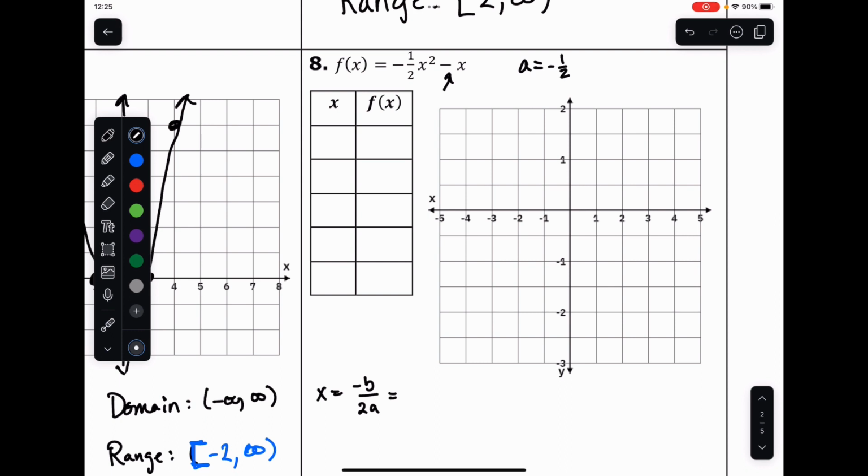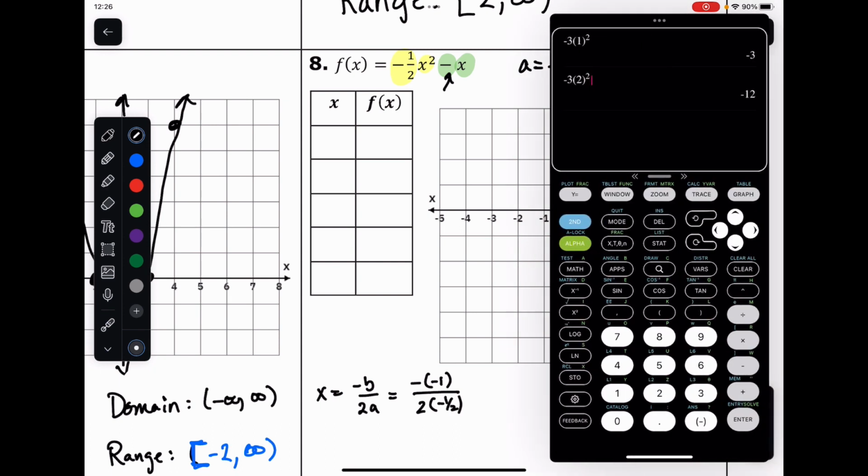That's the number in front of the x squared. So this is a. And since x is the b term and that number in front of that is negative 1, our b value is negative 1. So the negative of negative 1 divided by 2 times our a value, which is negative 1/2.